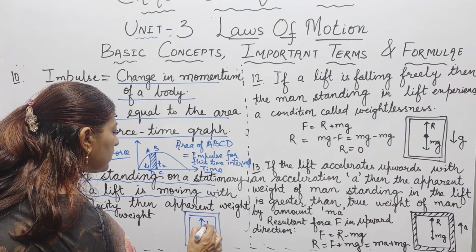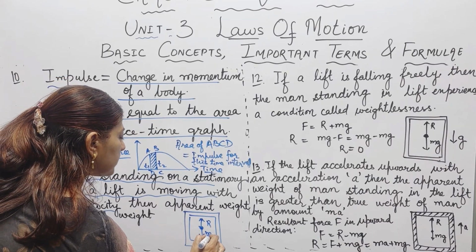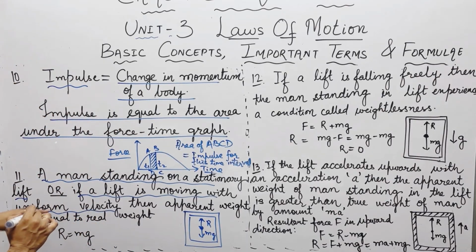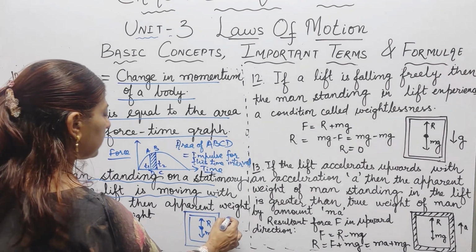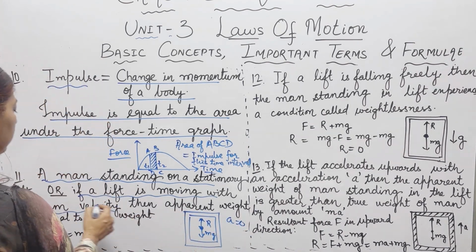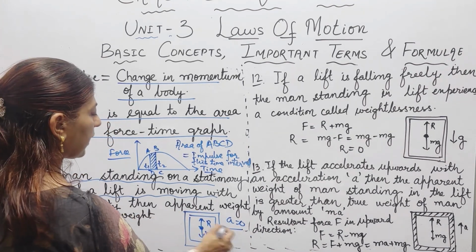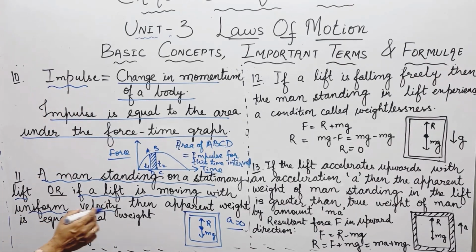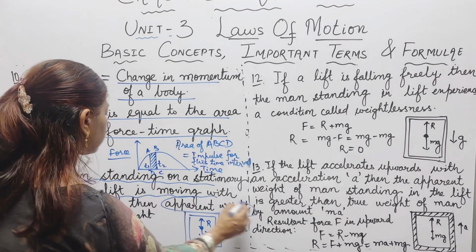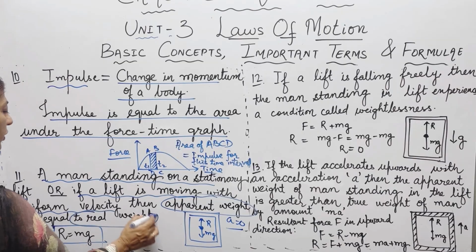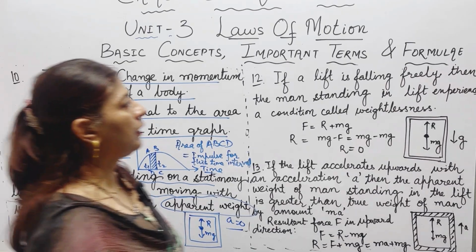The reaction is in the upward direction and the weight mg is in the downward direction. For stationary, a is 0, and for uniform velocity again a is 0. So in that case R, the reaction on the body, is equal to mg, and in other words the apparent weight is equal to the real weight of the body.